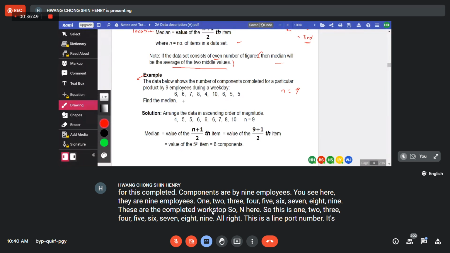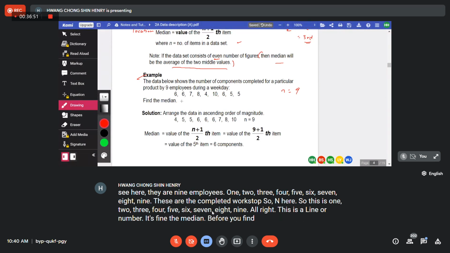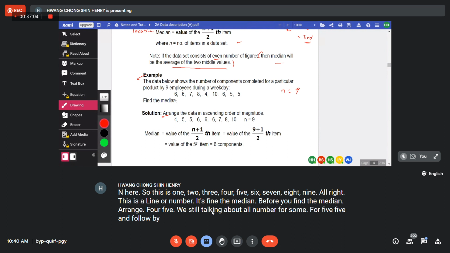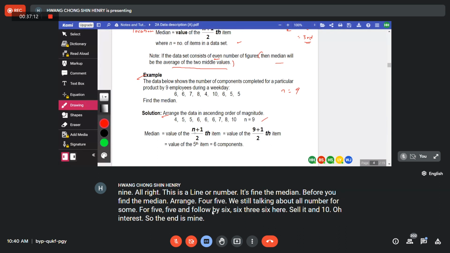Let's find the median. Before you find the median, arrange: 4, 5, 5, then followed by 6, 6, 6, 7, 8, and 10. We're still talking about odd numbers first. Arrange first. So n is 9. First thing, what is the location of the median?